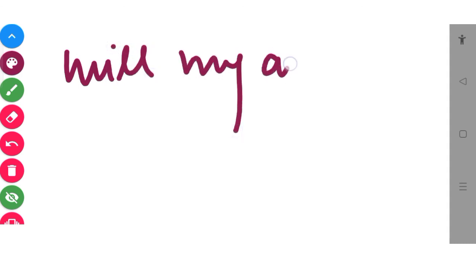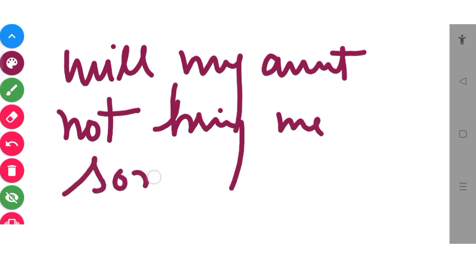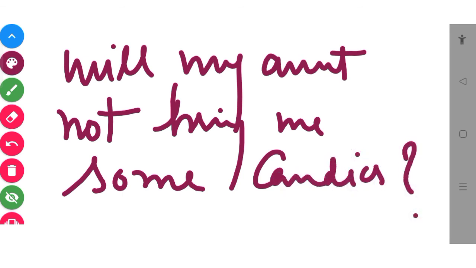Then we need to just change the place of the helping verb and the subject, like will my aunt. Here the negation sign will remain there only. My aunt will not, that was the negative statement. Now, will my aunt not bring me some candies? Okay, that is a question mark, but in the negative interrogative sense.